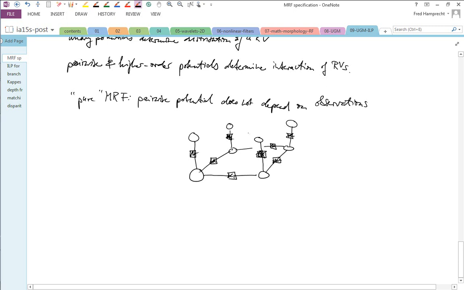Let's say these are the latent random variables, the random variables whose state we want to estimate, and these are our observations.